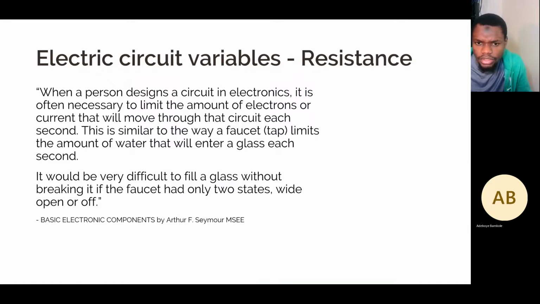Okay, so this slide talks about the importance of resistance. I was asked this question once: why do you need resistance at all? If you have voltage and you have current, why is that not enough? Resistance is important because we want to be able to limit the amount of flow, right?